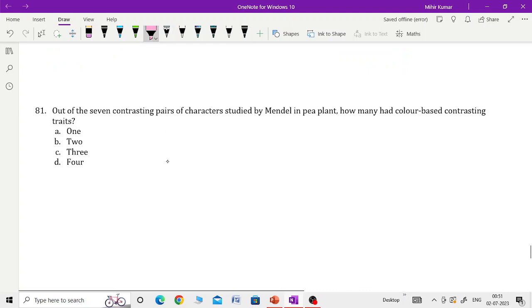First of all, we will revise the seven contrasting pairs of characters used by Mendel.